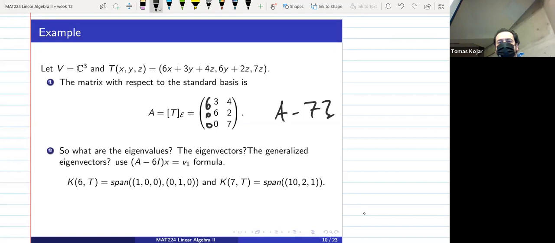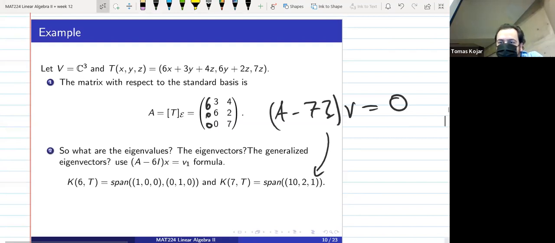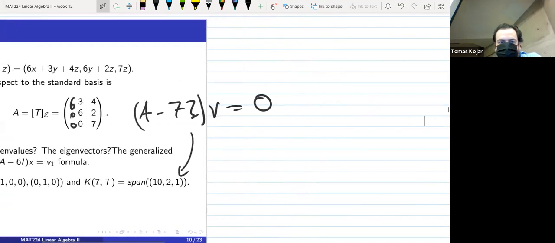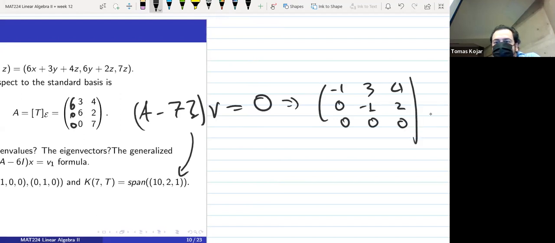So it was A minus 7I v equal to 0, and if you solve it, you get this guy. Is this still like only determinant? I mean, if you want me, I can. Let me see. So what is this? This is minus 1, 3, 4, 0, minus 1, 2, 0, 0, 0.